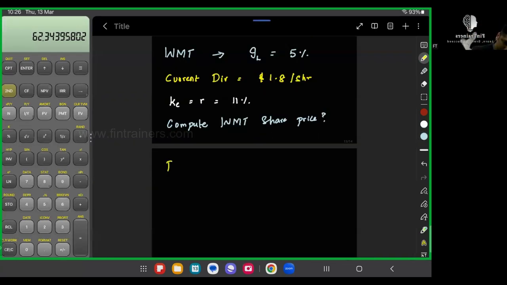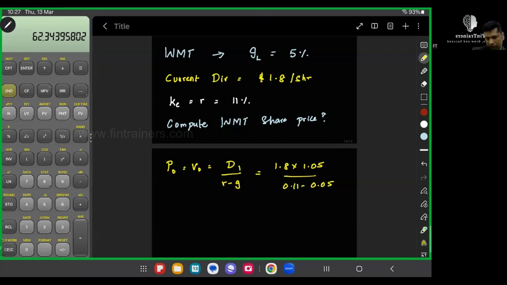Your price today, P0 or V0, is your next year dividend divided by R minus G. Your current dividend is 1.8, multiplied by 1 plus G, where growth rate is 5%, so 1.05, divided by R minus G, where R is 0.11 and growth rate is 0.05. So 1.8 multiplied by 1.05 is 1.89, divided by 0.06. You get the answer as 31.5 per share.